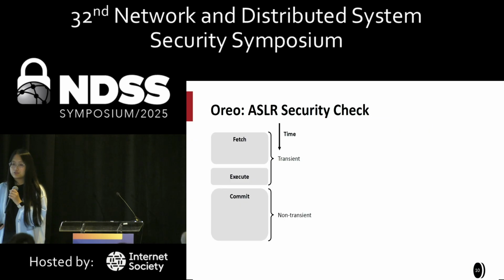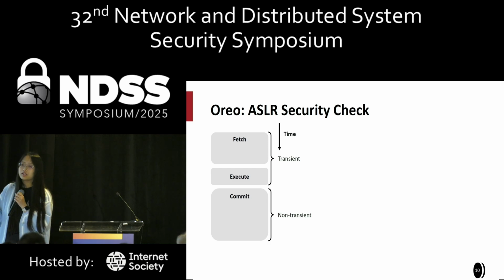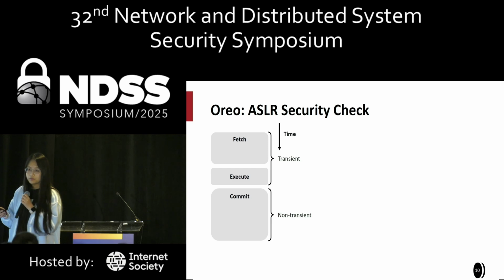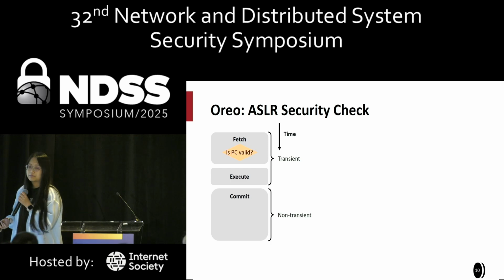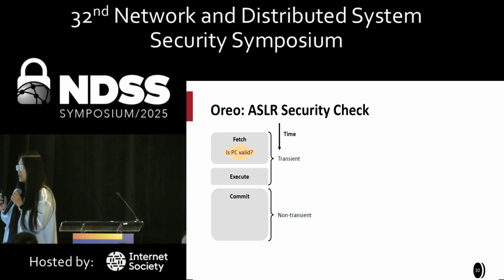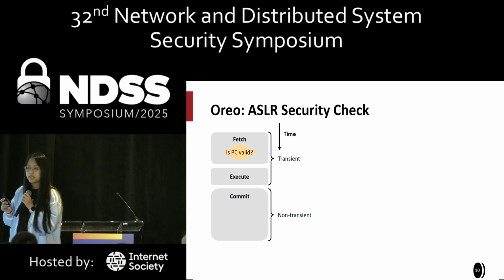Now, let me demonstrate how Oreo maintains the same ASLR security check without leaving microarchitecture dependent side effects. Here we are showing the lifetime of an instruction in an out-of-order processor, where we show some transient stages such as fetch and execute, as well as a non-transient commit stage. In the baseline, whether a fetch PC is valid or not actually affects the transient stage behavior.